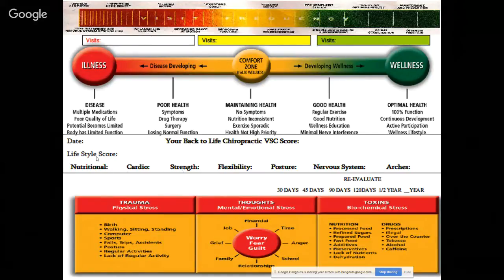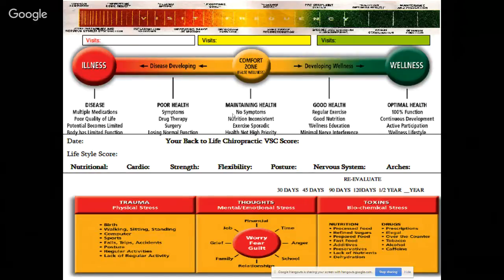But then the lifestyle scores: besides being adjusted and affecting the nervous system and the organ systems that way, we actually want to do lifestyle changes, so we can go to the master score sheet and look in each area: cardio, strength, flexibility, posture, nervous system, arches. And then we can start working on these three areas that are affecting your health in a nice, organized, easy way.